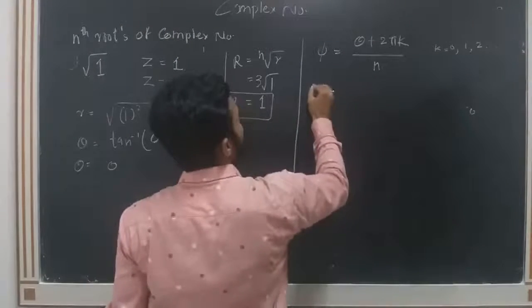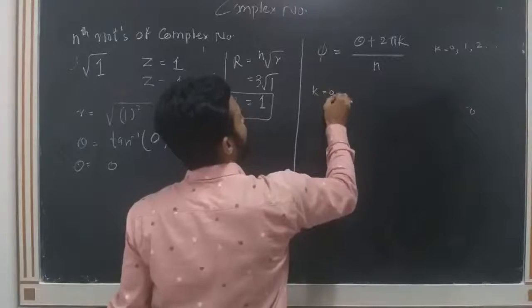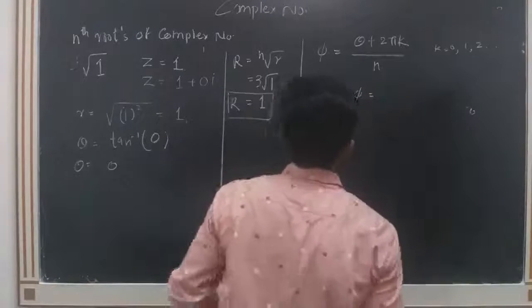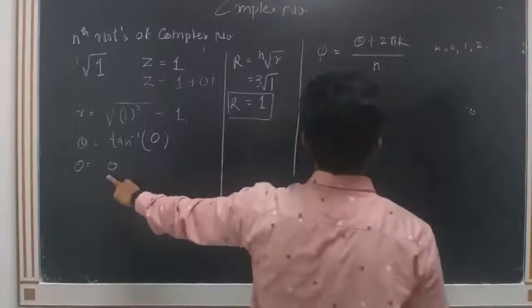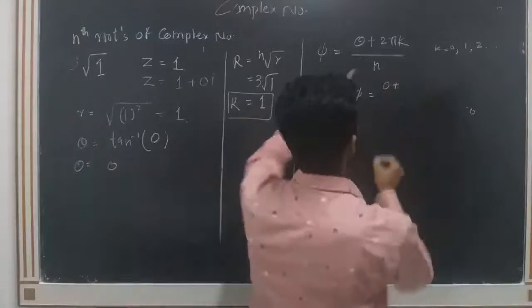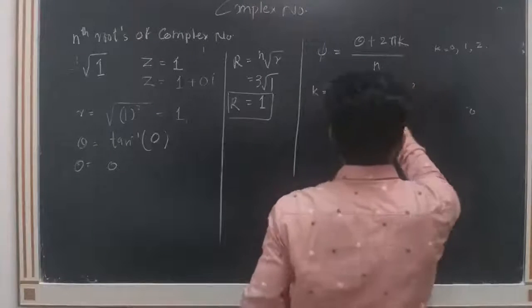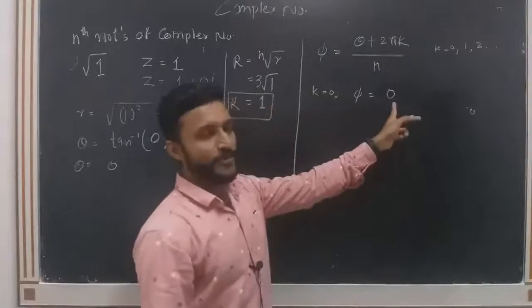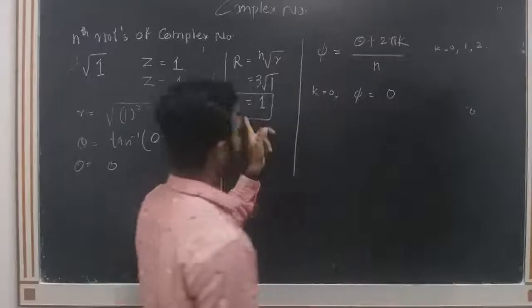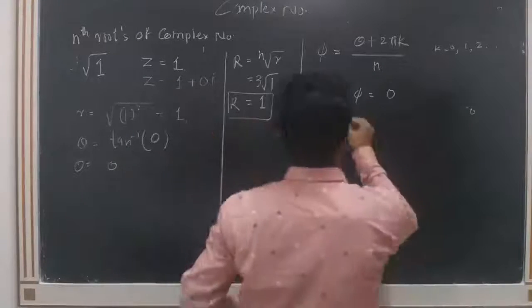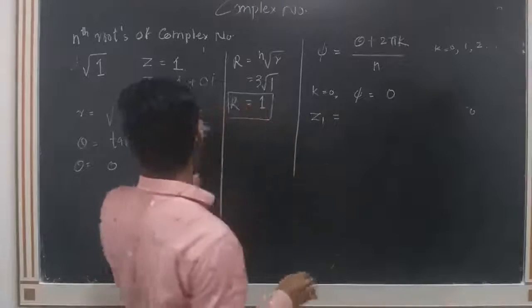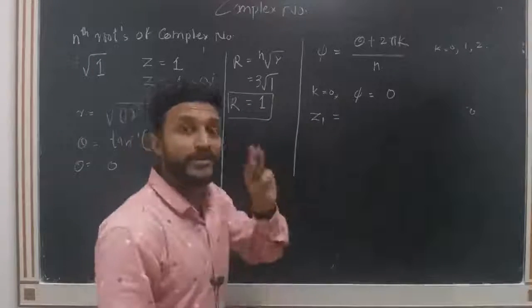So first, for k equal to 0, what is phi? Theta is 0, so 0 plus 0. The total angle is 0. So for phi equal to 0, R is equal to 1, constant for all. We can write the first root of the complex number, first root, because we want to find the third root.